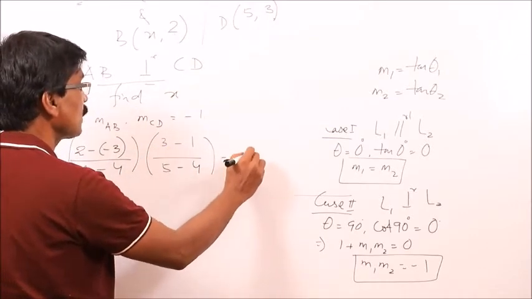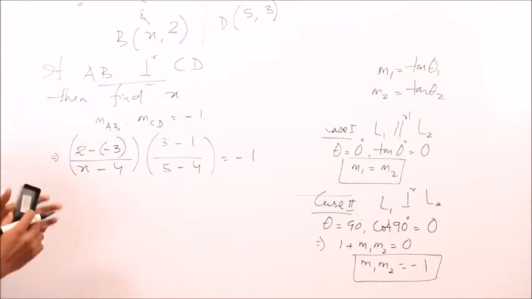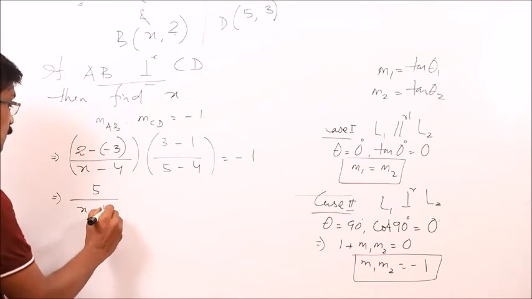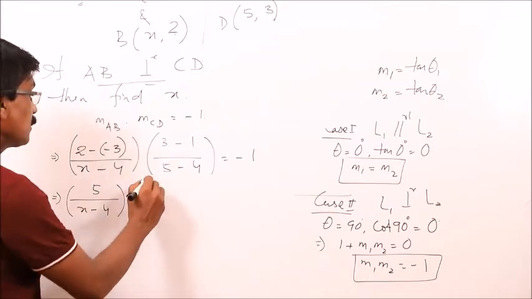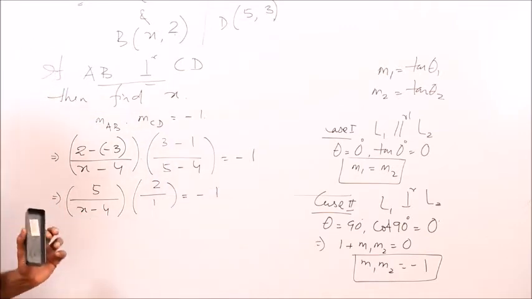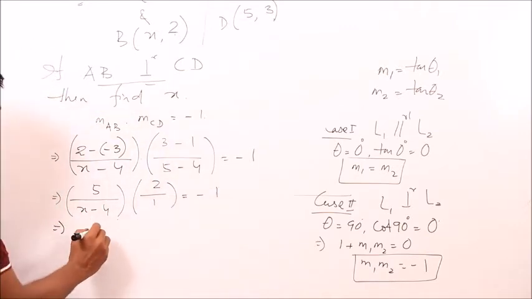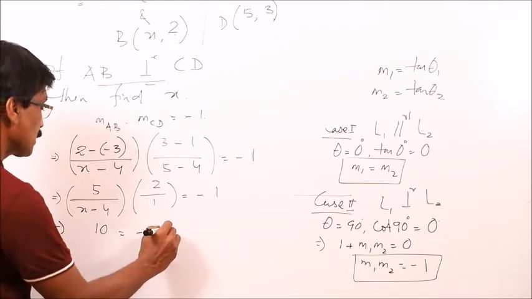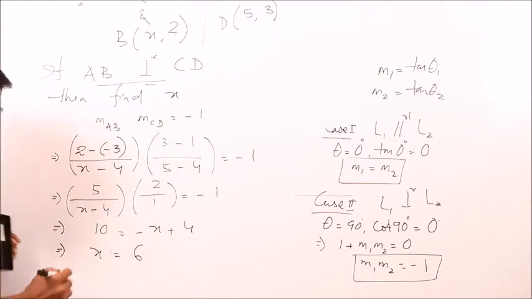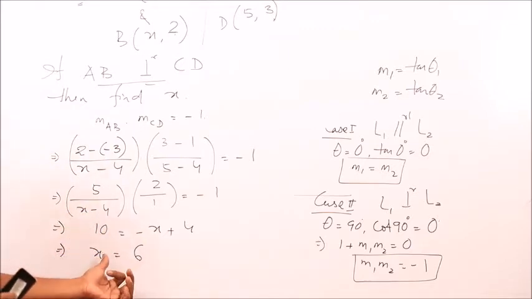So that is 5 by x minus 4 into 4 by 1 is equal to minus 1. So this implies 20 is equal to minus x plus 4. So x is equal to minus 16. So if two lines are perpendicular, then x is equal to that value.